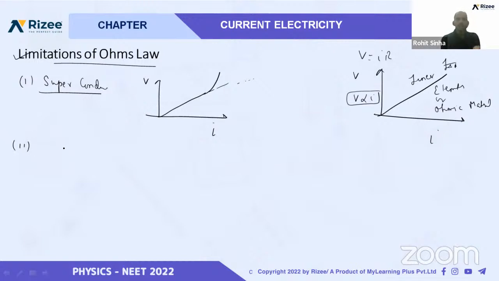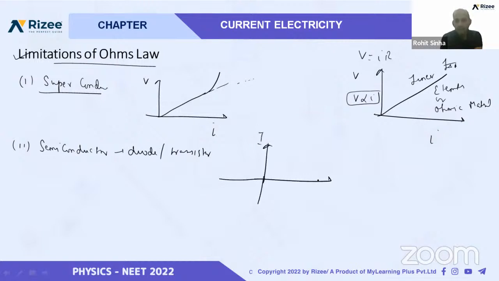Second limitation. At the end of the physics of class 12, you will study one chapter on semiconductors. You will study some semiconductor devices like diode and transistor. They have a VI graph like this.